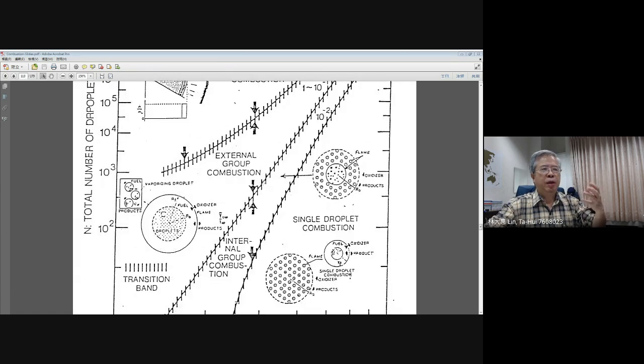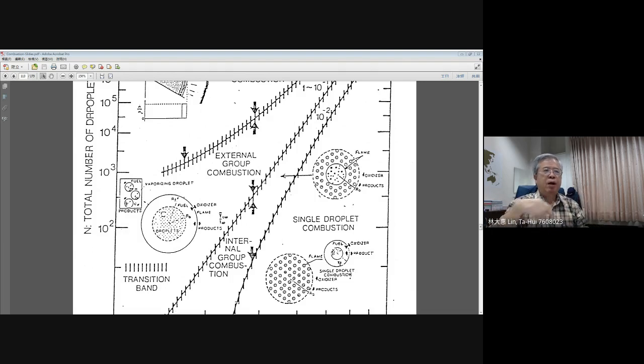That means you have fewer droplets in the spray cloud, and the separation distance between droplets becomes large. In this case, the supply of fuel vapor coming from the spray cloud becomes weaker. The position of the outer spray flame is basically supported by the fuel vapor supply from the spray cloud.